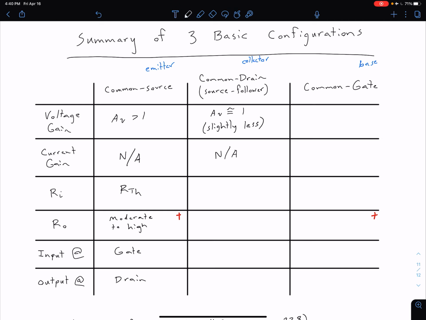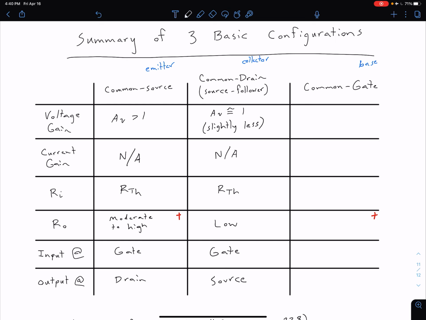Our input resistance is also going to be that Thevenin equivalent of our biasing network, our input network. Our output resistance for this configuration is going to be low, and we'll talk about advantages of that a little bit later on. And our input for this configuration is also defined at our gate, and our output is now defined at our source.